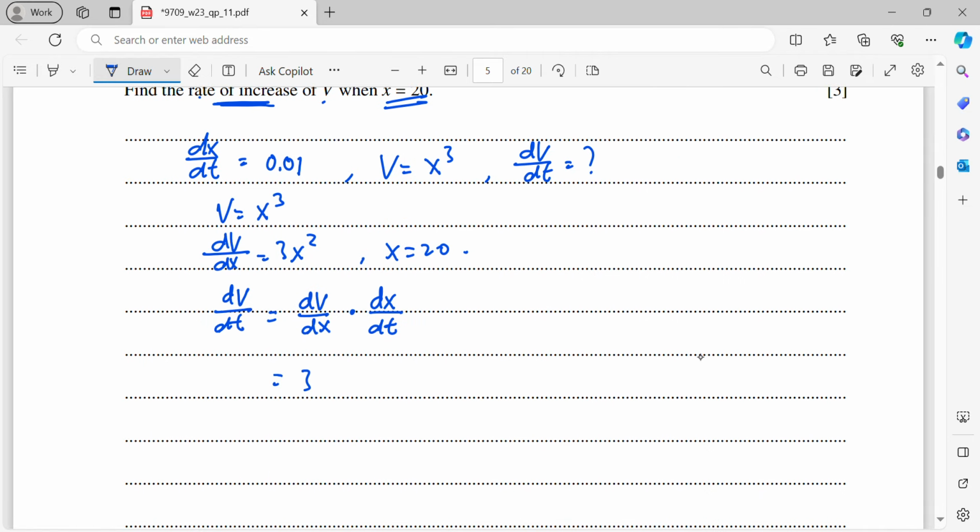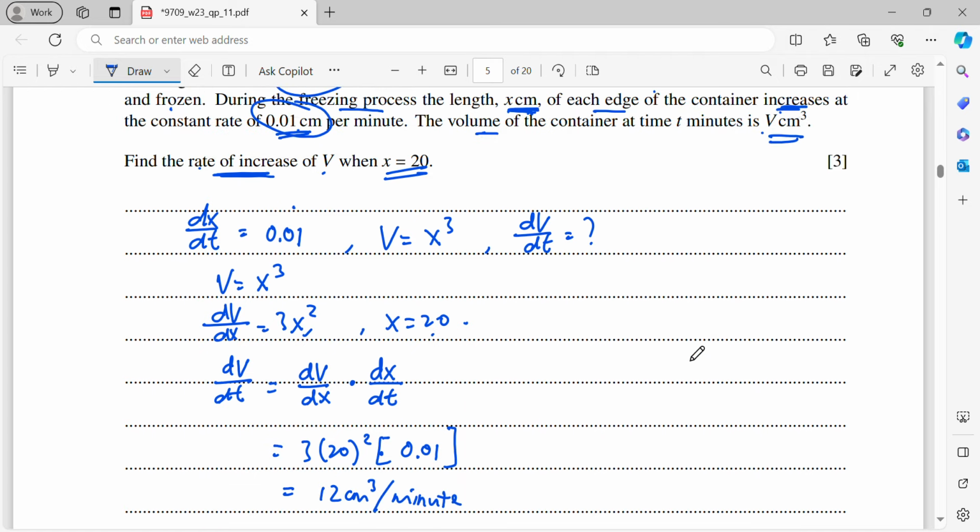At the same time, x is 20, so it will be 3 times 20 squared times dx/dt, which is given as 0.01. Therefore, you will get 12 centimeter cubed per minute. So this is the solution for question 3.